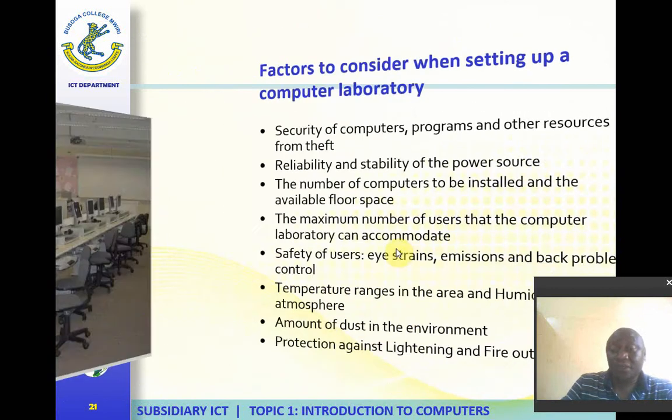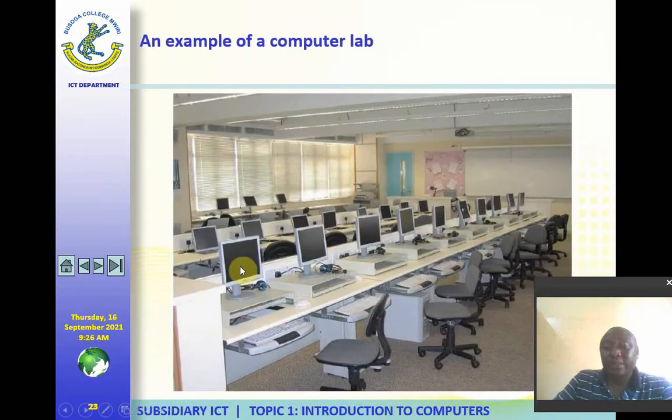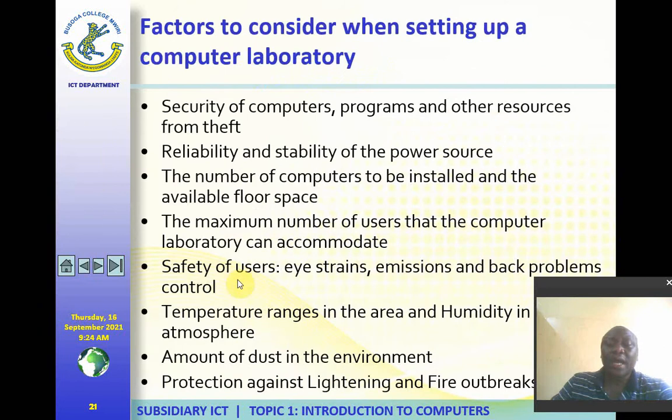The same story. You can even count 1, 2, 3, 4, 5, 6, 7, 8, 9, 10. Then you move back here and also count the number of users. Before you set it up, you're supposed to know the maximum number, so that you don't have a lot of congestion in the lab.